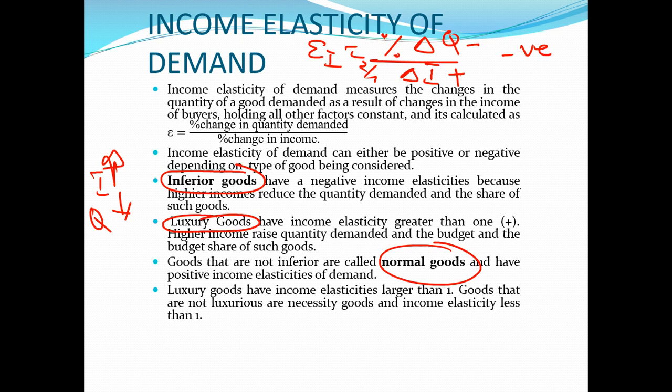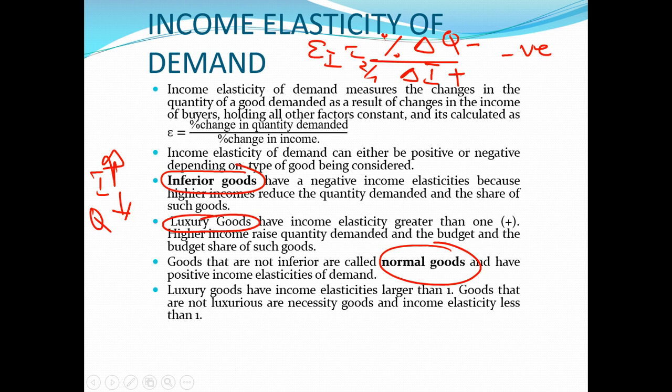Then for luxury goods, these are goods that have a higher value of elasticity. Anything greater than 1 means that you're dealing with a luxury good. It's a good that is just there for luxury purposes. You don't even need it.